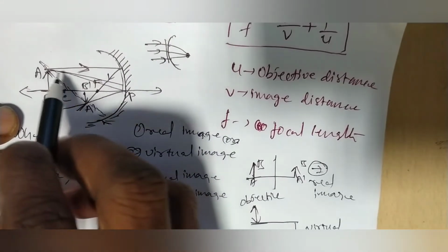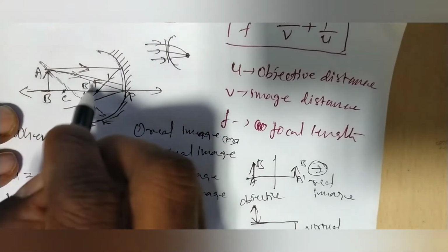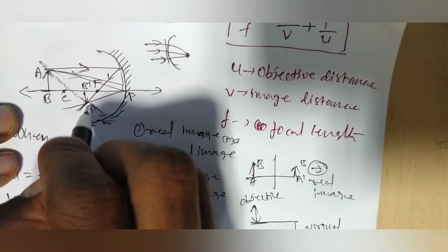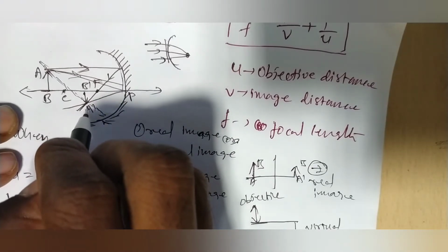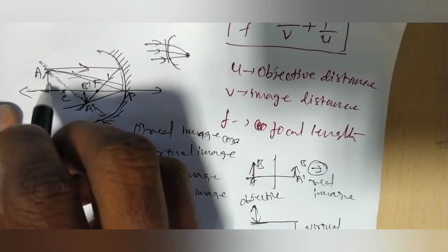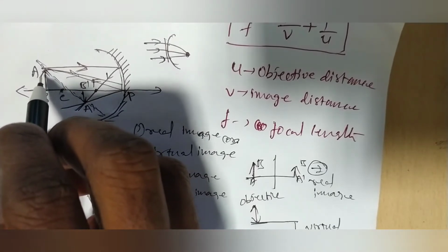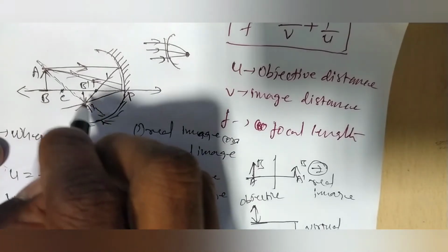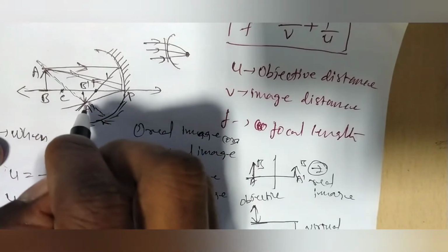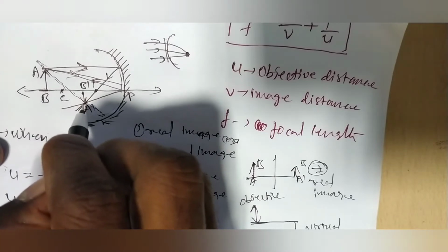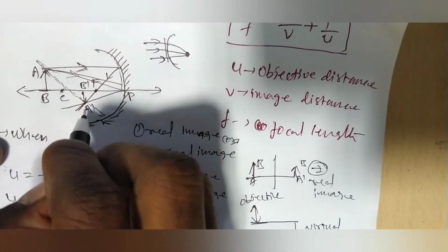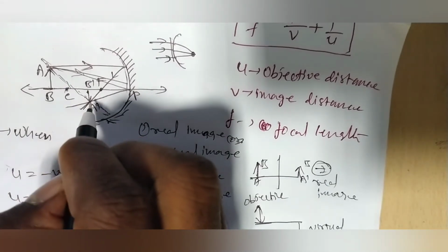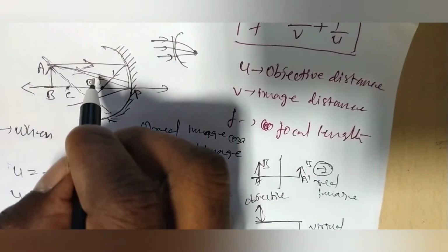The reflected rays can be intercepted and measured at a certain point. That point is called the imaging point. When light is emitted from the object and reflected, the image can be intercepted and measured at a certain point. That image can be real or virtual.